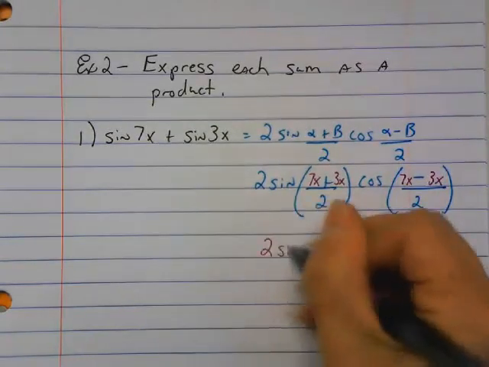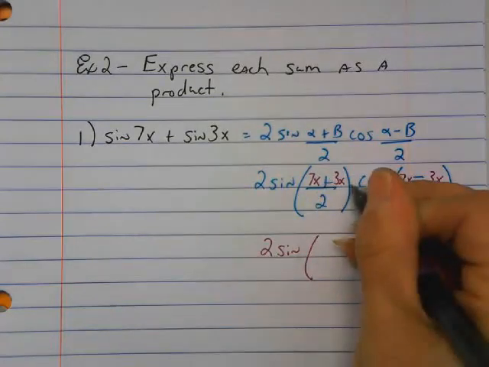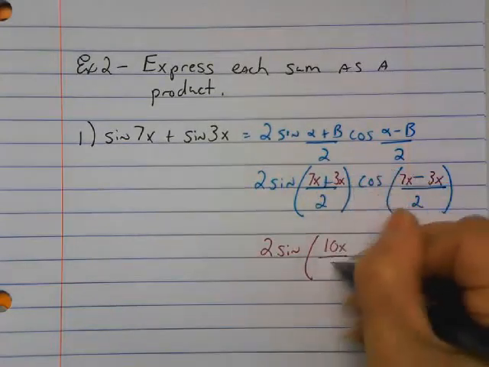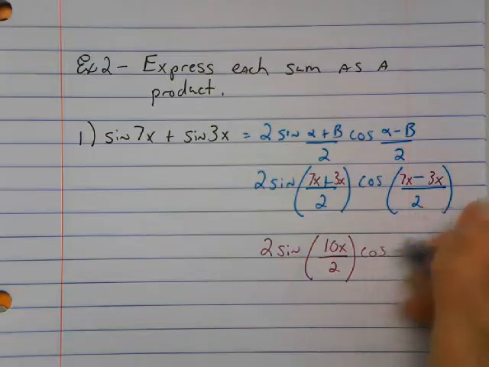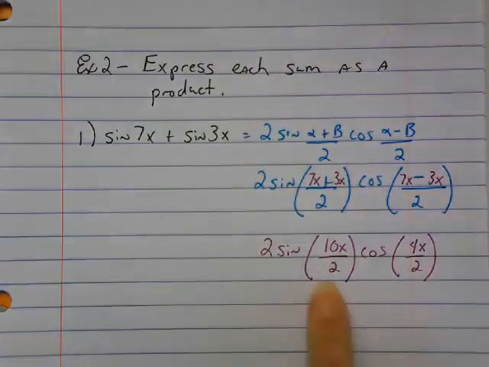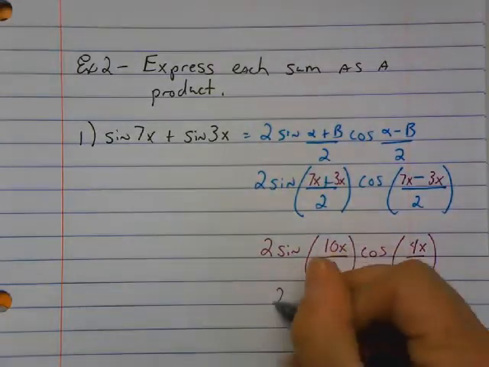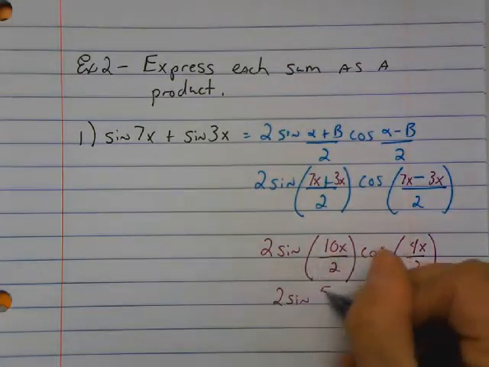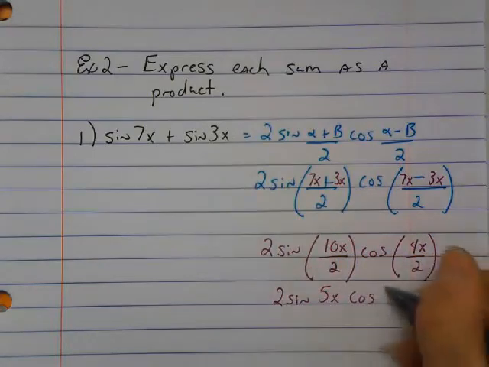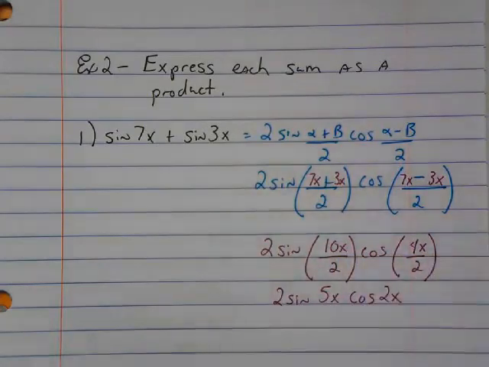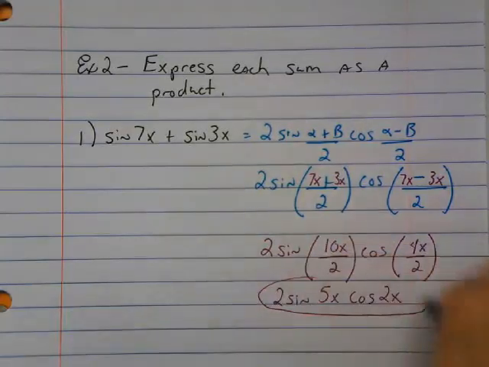So I have 2 sine, 7x and 3x is 10x, divided by 2, cosine 4x, divided by 2. I need to go ahead and reduce those, so I have 2 sine 5x, cosine 2x. And that's my answer.